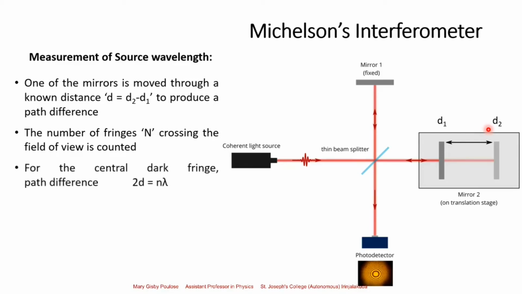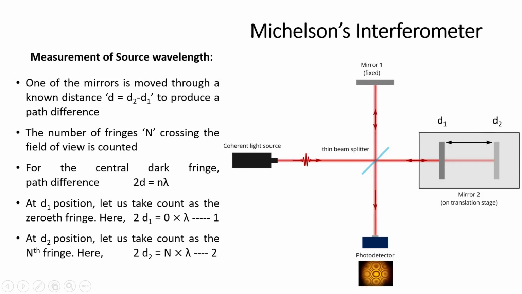Now we have the condition for the path difference at the central dark fringe as path difference 2d is equal to an integral multiple of lambda, that is 2d is equal to n lambda. Here at the d1 position, let us take the count of the first fringe as the 0th fringe, that is, n starts from 0, 1, 2, 3, etc. So 2d1 is equal to 0 lambda.